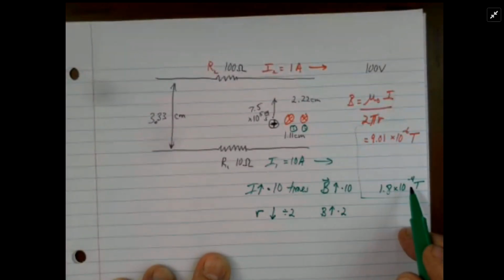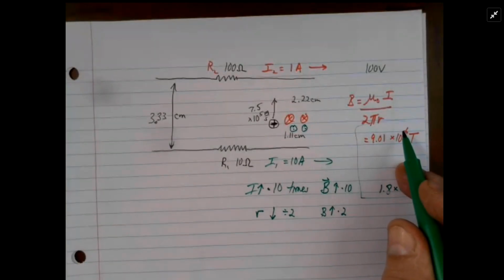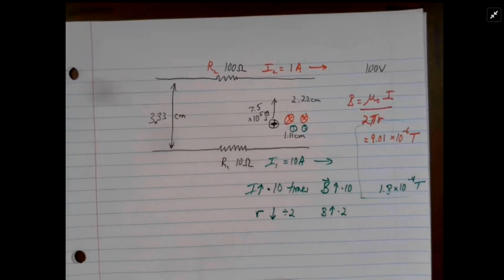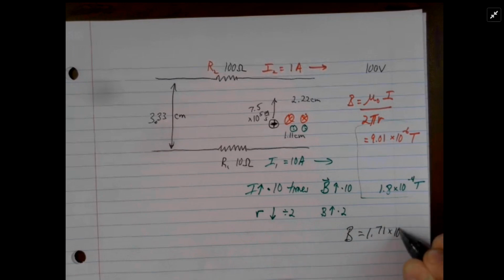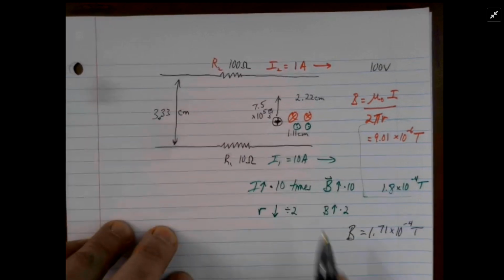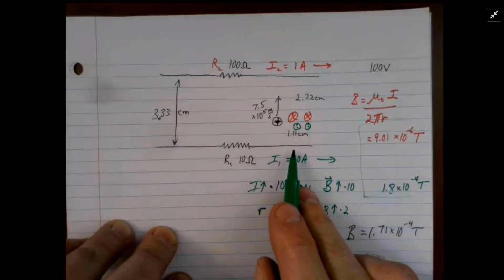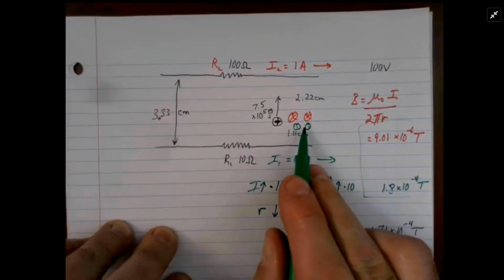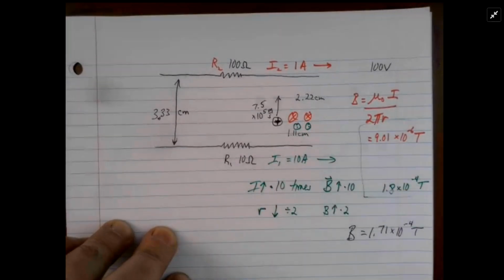This is much larger, so if you take this and subtract that, you'll end up with a net field of 1.71 times 10 to the minus fourth Teslas. And because the green one was stronger, at least according to my diagram where it's going to the right, then it would be coming up out of the page. So up out of the page wins. I'll just put a dot here to remind myself of that.